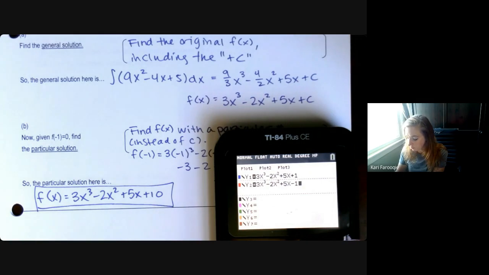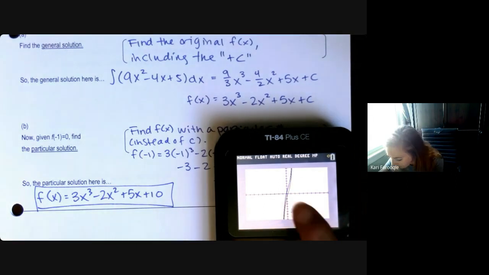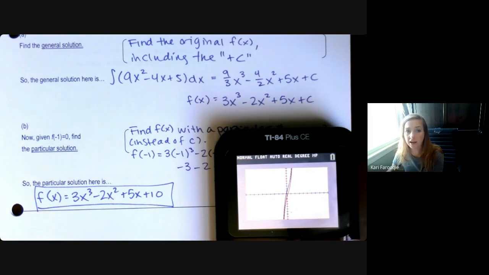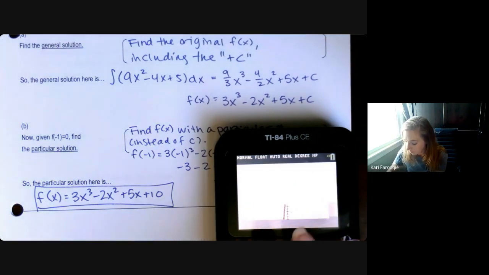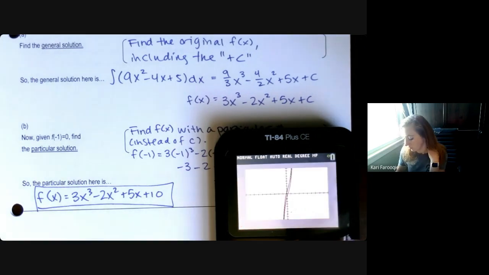Notice how as you start to graph these, okay, so that was the +1 variation that I had. This is the -1 variation that I had. You're going to see you get all kinds of curves. Minus 2x squared plus 5x. Let's say maybe it's +5.